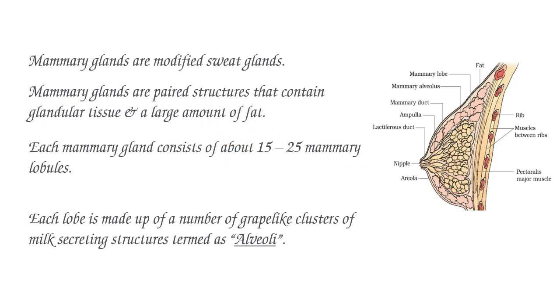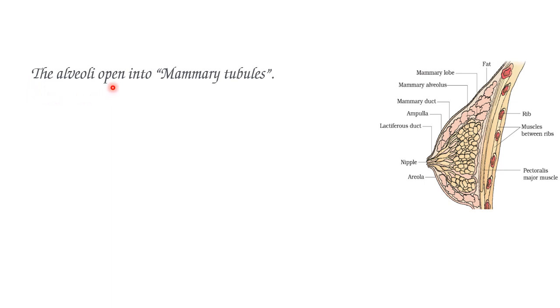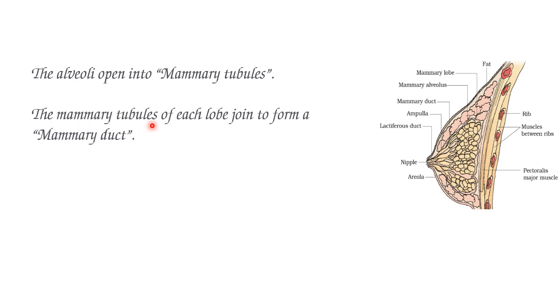The alveoli open into mammary tubules. All these mammary alveoli open into the mammary tubules. The mammary tubules of each lobe join to form a mammary duct. So these are called the mammary ducts, and these mammary ducts are formed by the joining of mammary tubules.